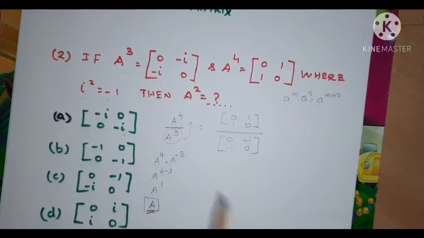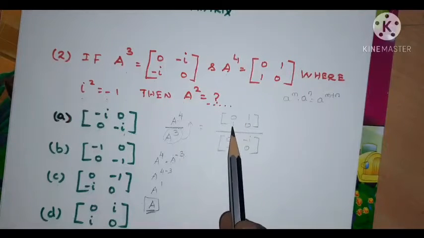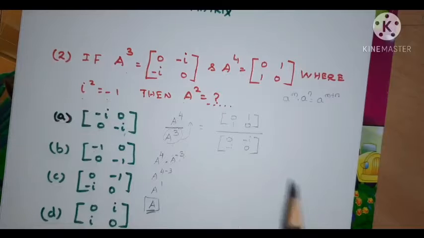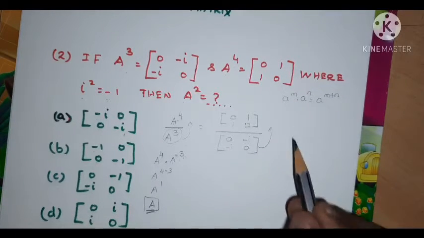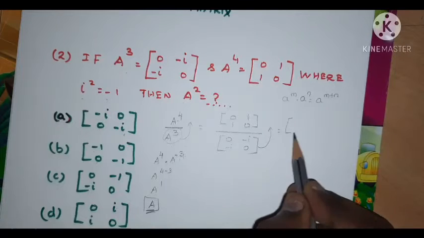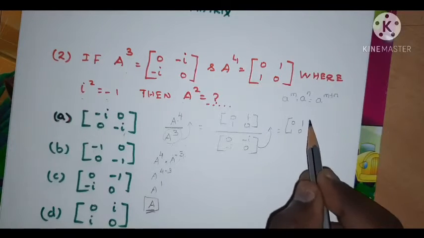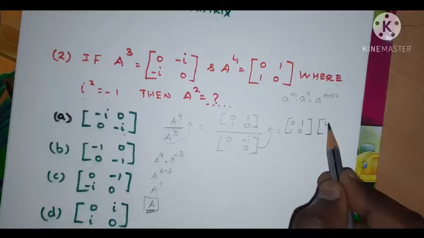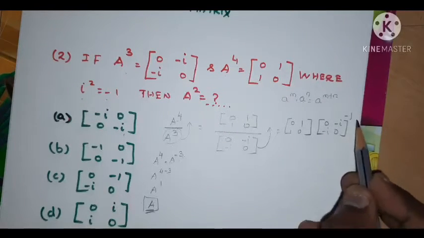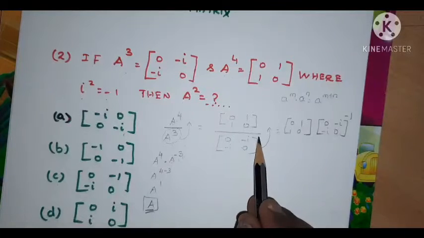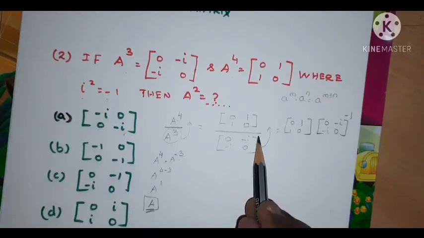Got it? Fine. So A power 4 is 0 1 1 0 divided by A power 3, which is 0 minus i 0. Now when this value comes to the numerator, what you will get? 0 1 1 0 into 0 minus i 0 inverse. When it is in the denominator, if there is no power, it means there is a power of 1.